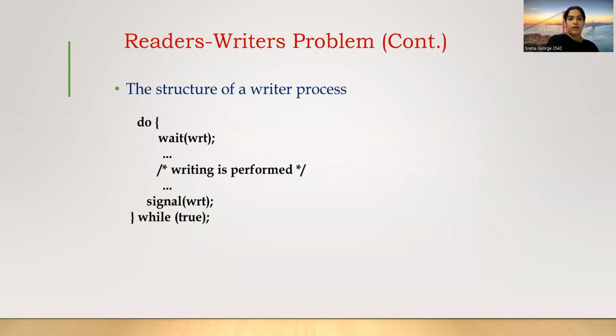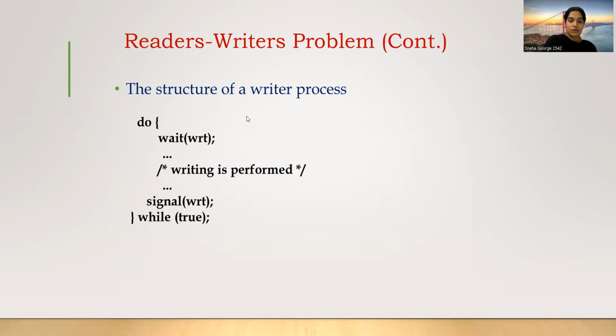In the case of the writer process, as we said, there are three semaphores. First one is write, then the mutex, both initialized to 1. So it says wait of write. Wait of write means the write value will change from 1 to 0.